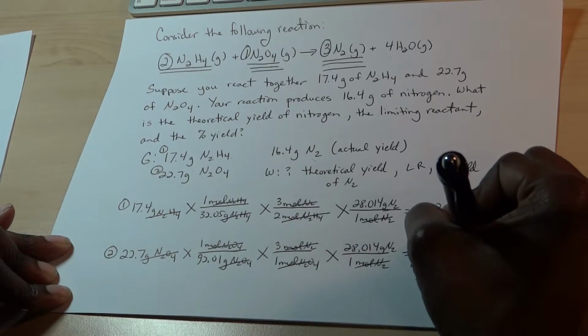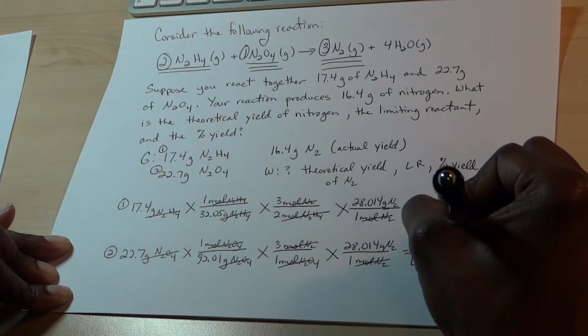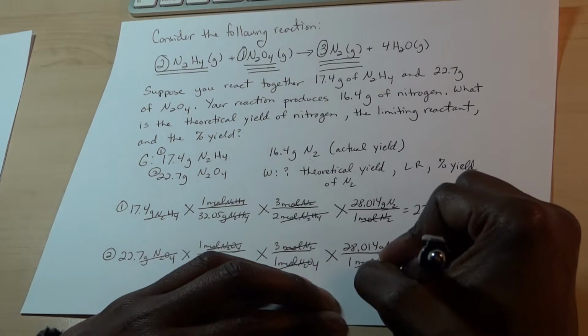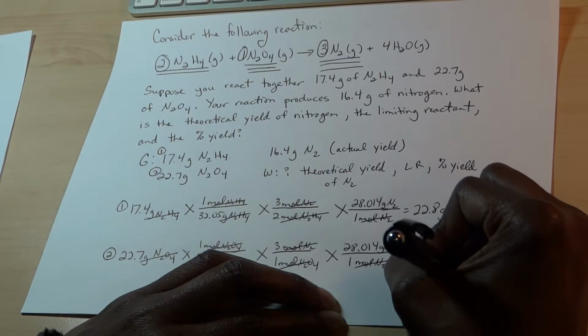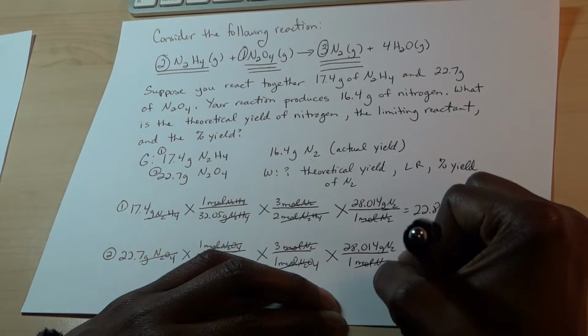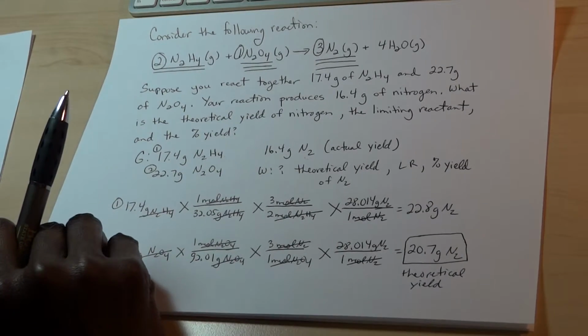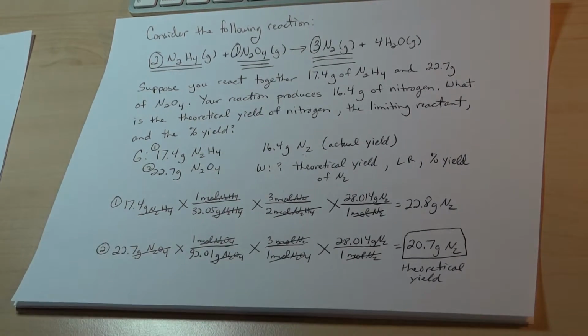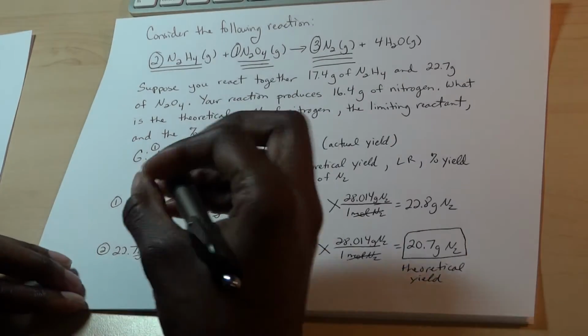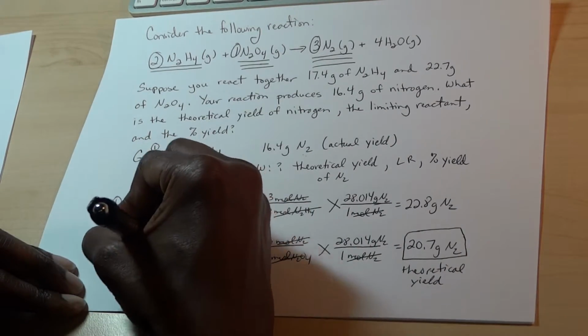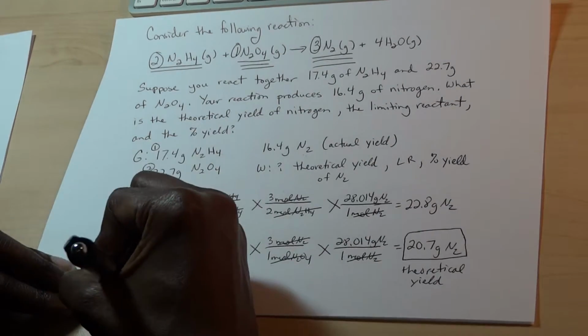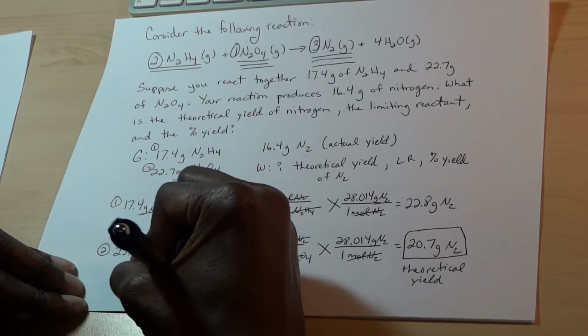That means the smaller amount is our answer for the theoretical yield. So 20.7 grams of nitrogen is the theoretical yield. And then the limiting reactant is whichever reactant made it, so the limiting reactant is N2O4.